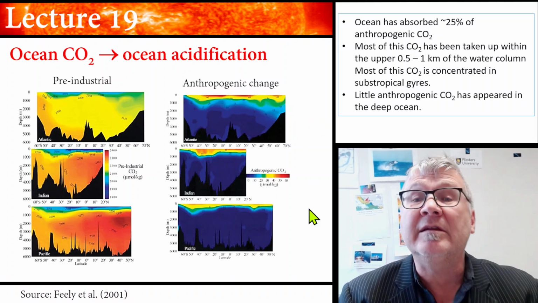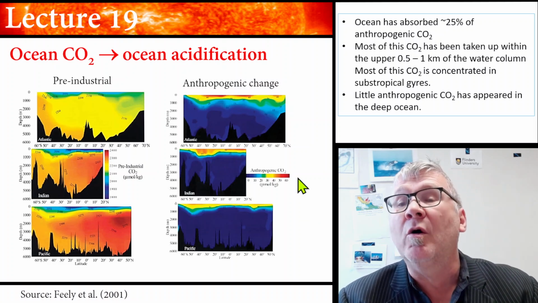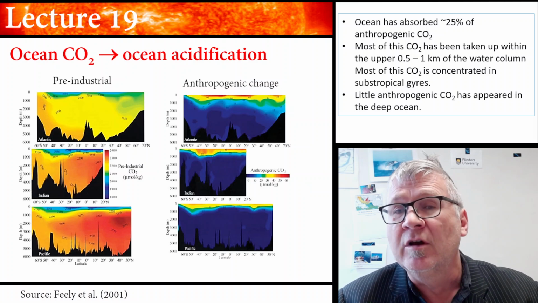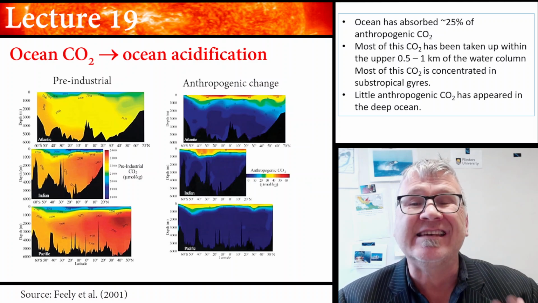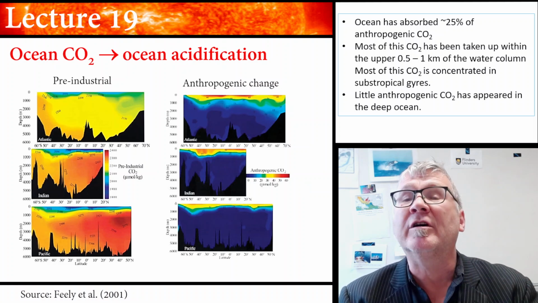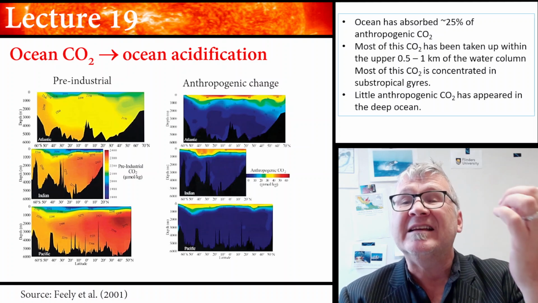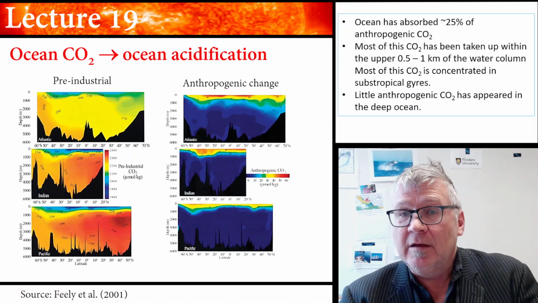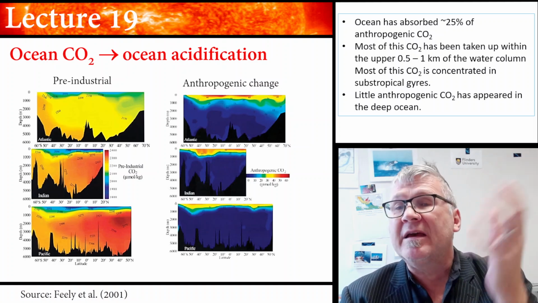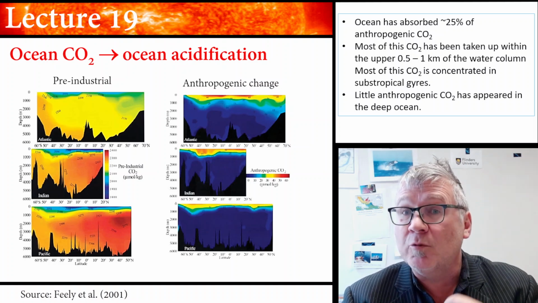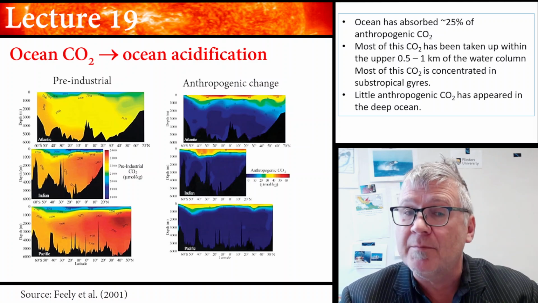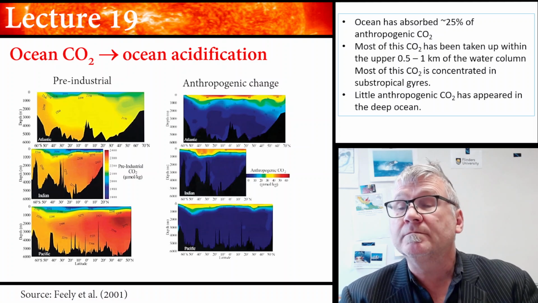If you look at the details, you work out that the ocean has absorbed around 25% of the anthropogenic CO2. A quarter of the CO2 has ended up in the ocean. So without the oceans, the effect would be much bigger in the atmosphere. The greenhouse effect would be much bigger. But the oceans have taken up CO2.